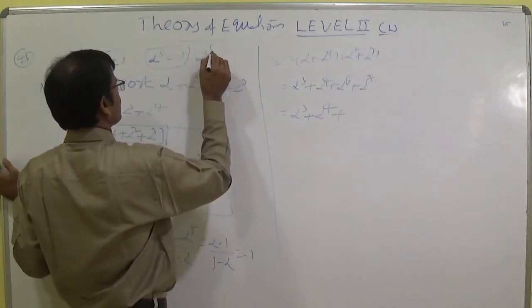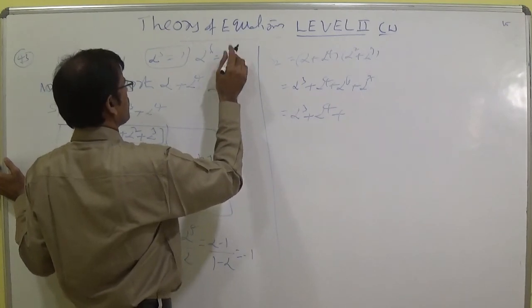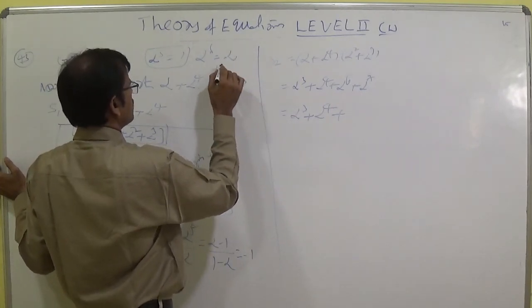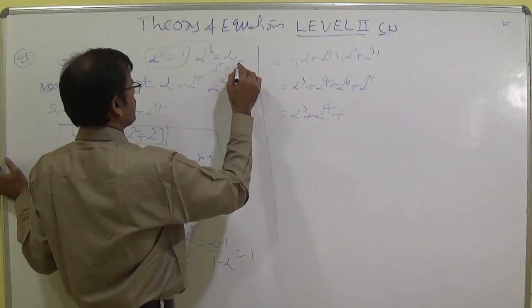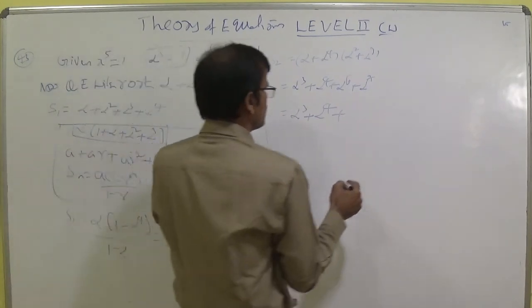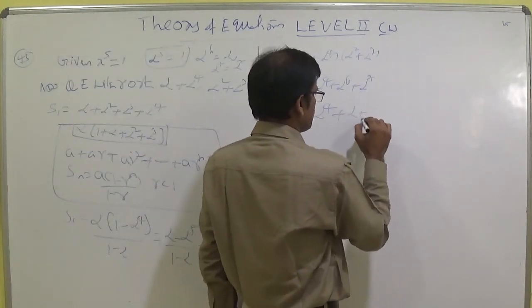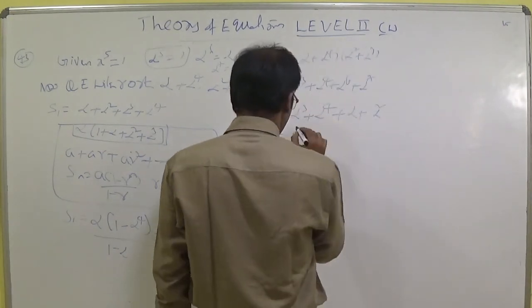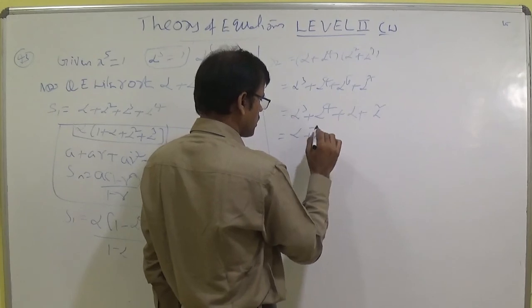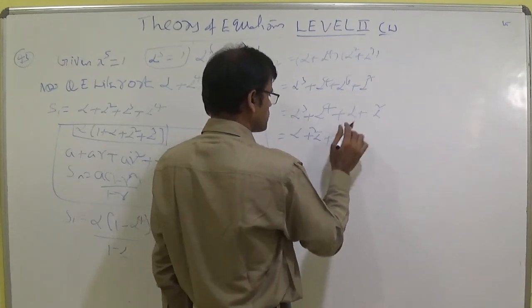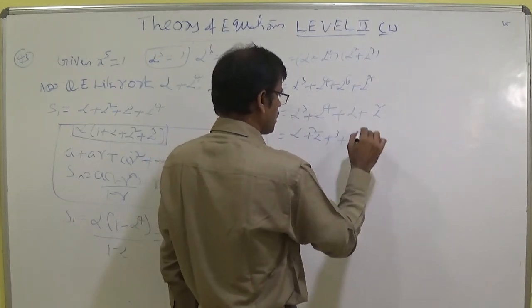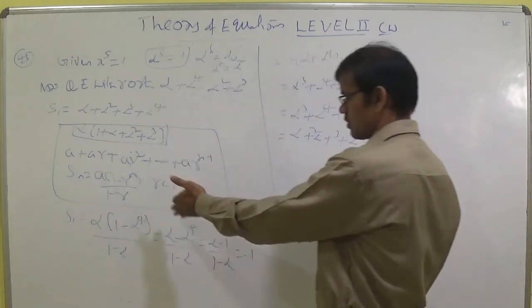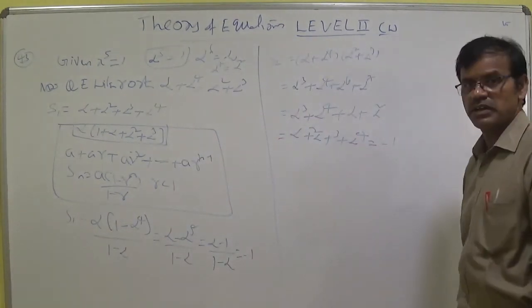Multiply with alpha on both sides, you get alpha power 6 is equal to alpha. In a similar way, alpha power 7 is equal to alpha square. So alpha power 6 I am writing alpha and here alpha square. You can write in order: alpha plus alpha square plus alpha cube plus alpha power 4. That we have already calculated, the value is minus 1.